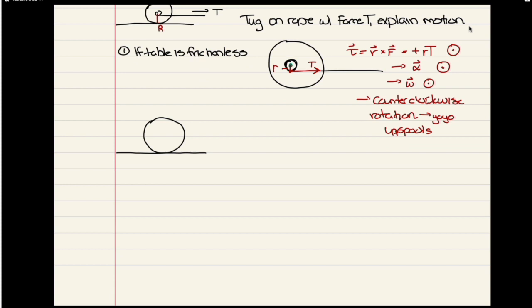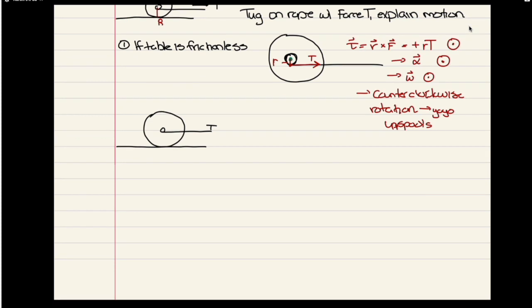Now what if there's friction? If there's friction, then there's a point of contact right here where the yo-yo is going to be resisted. If I'm pulling the yo-yo, I'm trying to make it move to the right. Friction opposes motion. It wants to keep things stationary for static friction.